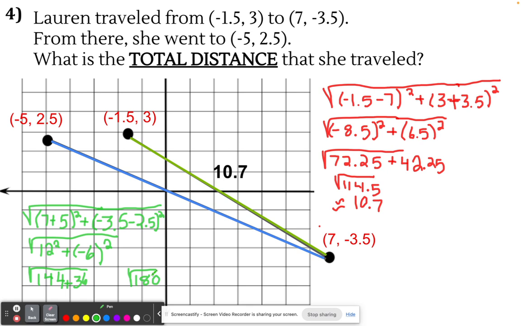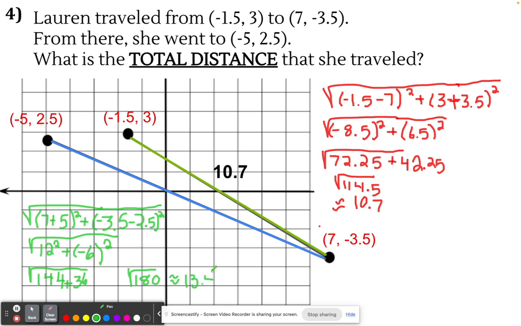So the square root of 180 is approximately 13.41.